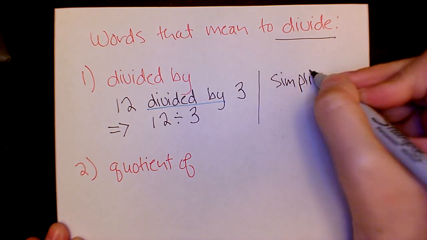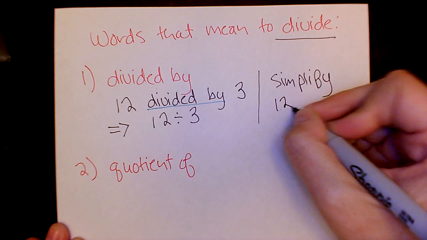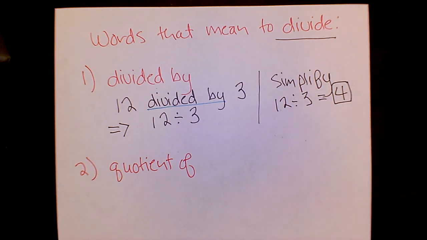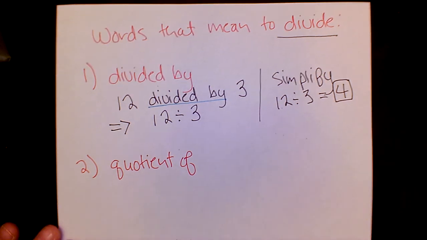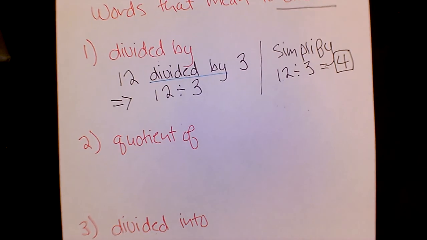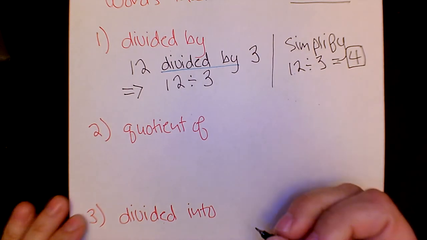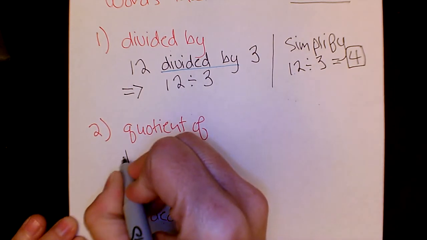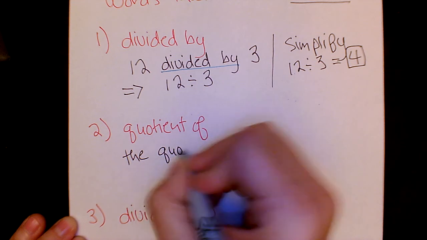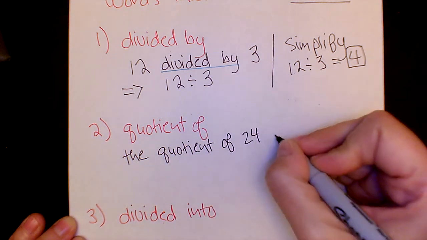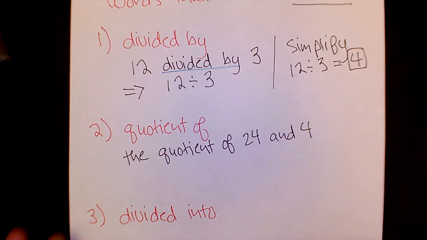So if it wants you to simplify on the homework, you're just going to work out the problem. Okay, the next one is quotient of, and let's say we had the quotient of 24 and 4.